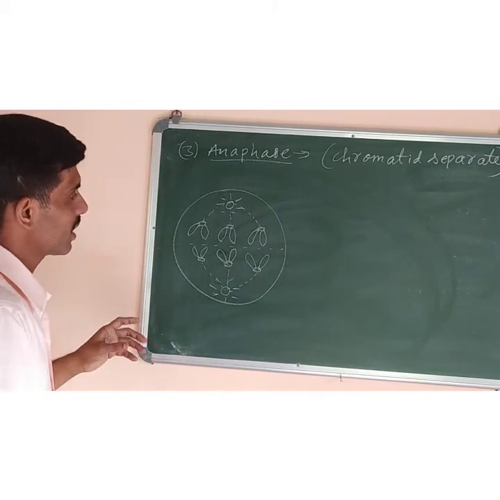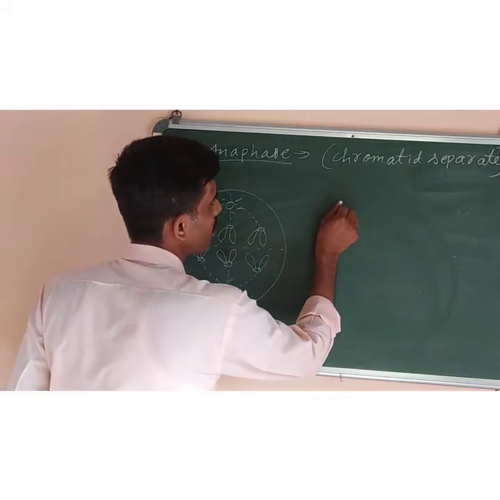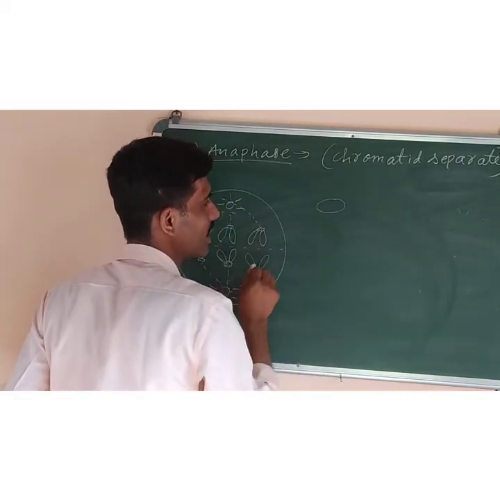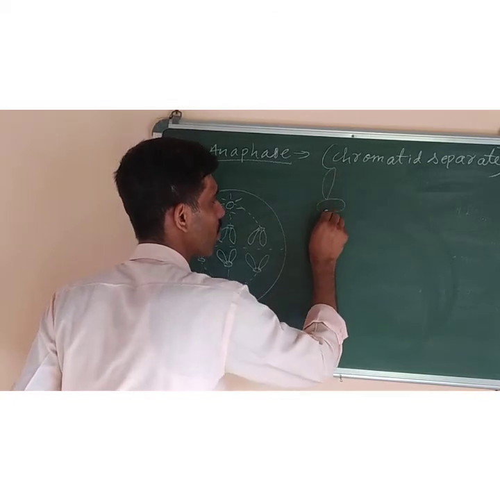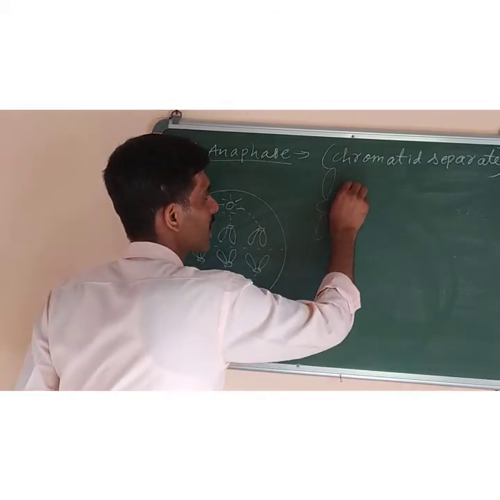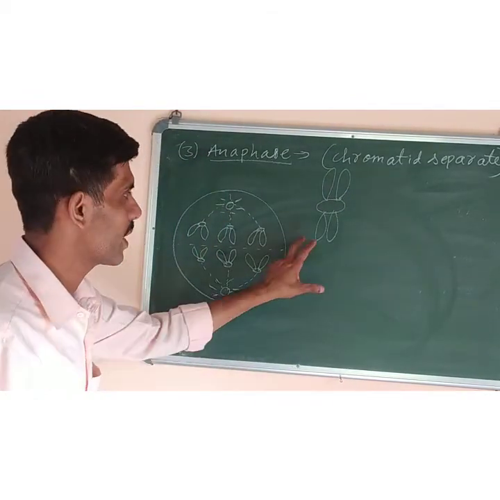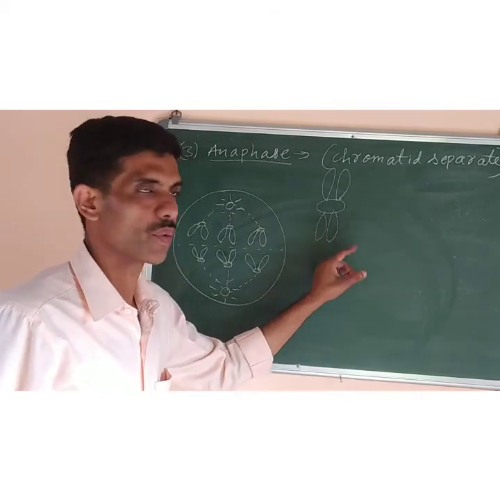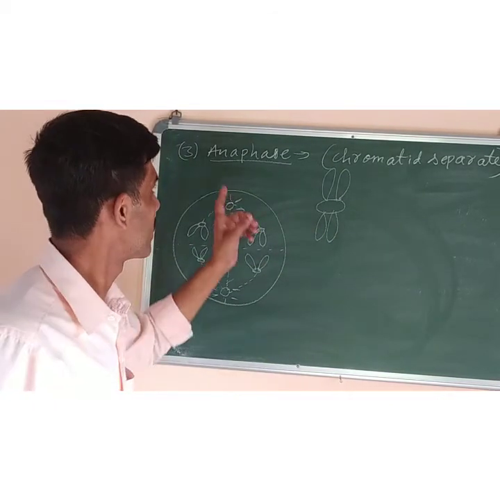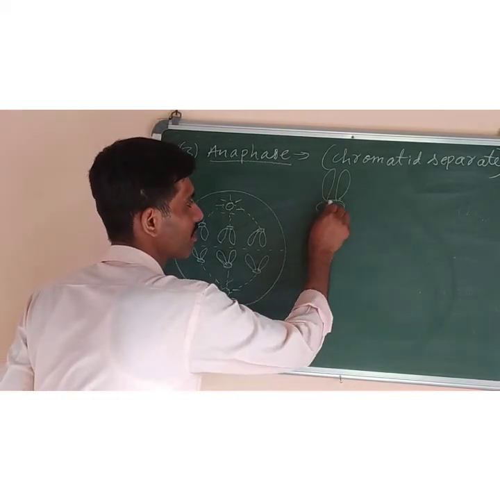What is this diagram? You will find that earlier there was this centromere, no? I will just draw it here. Centromere is there, in which one chromatid is here and another chromatid is there. Both the chromatids are present. That's why they are called sister chromatids. Now during the anaphase stage, there is division of centromere.